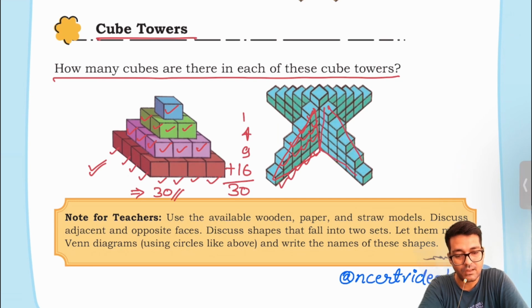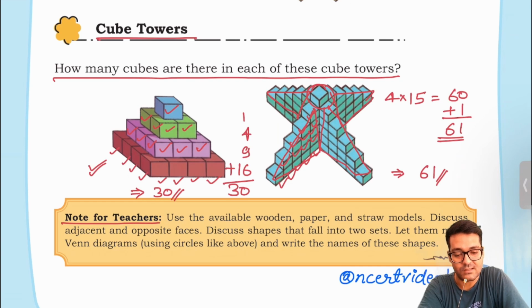Similarly, 15 cubes here, 15 cubes here and 15 cubes here, that is 4 times 15, that is 60, and 1 cube at the top. 60 plus 1, 61 cubes. The answer is 61.